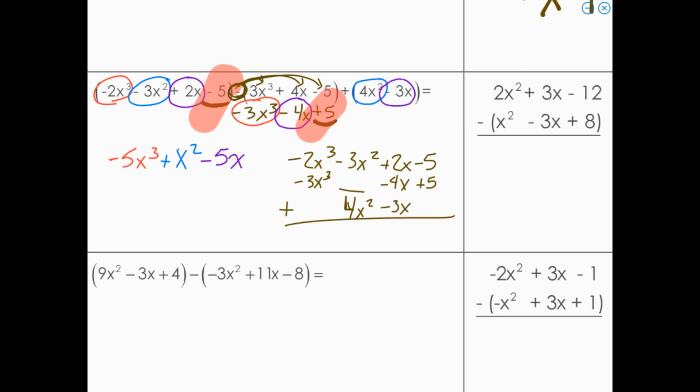So now I can just combine like terms all the way down. Got negative 5x cubed plus x squared minus 5x, and then again, these cancel. Okay. So either way you do it is correct.